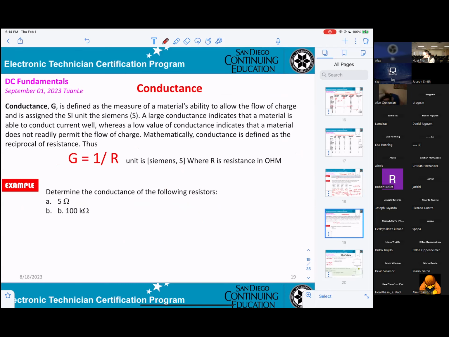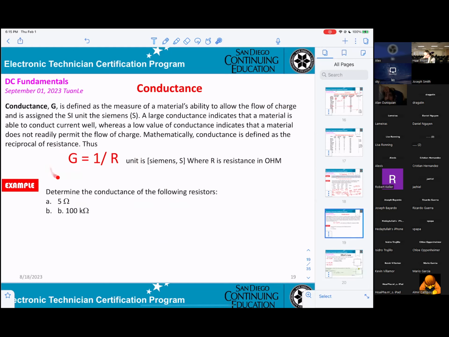Now, this is just a very simple thing. You have to read: conductance G is defined as a measure of a material's ability to allow the flow of charge and its unit is siemens. G is just the opposite of resistance, allowing the current to flow.